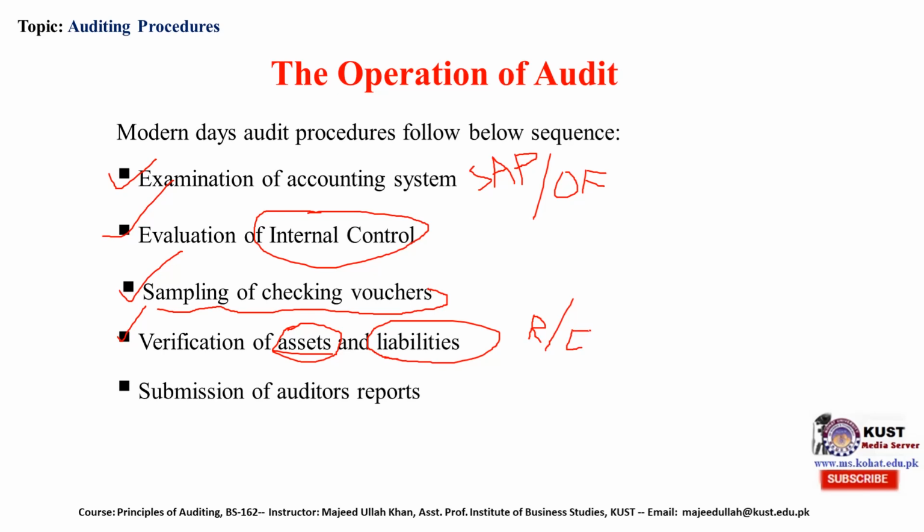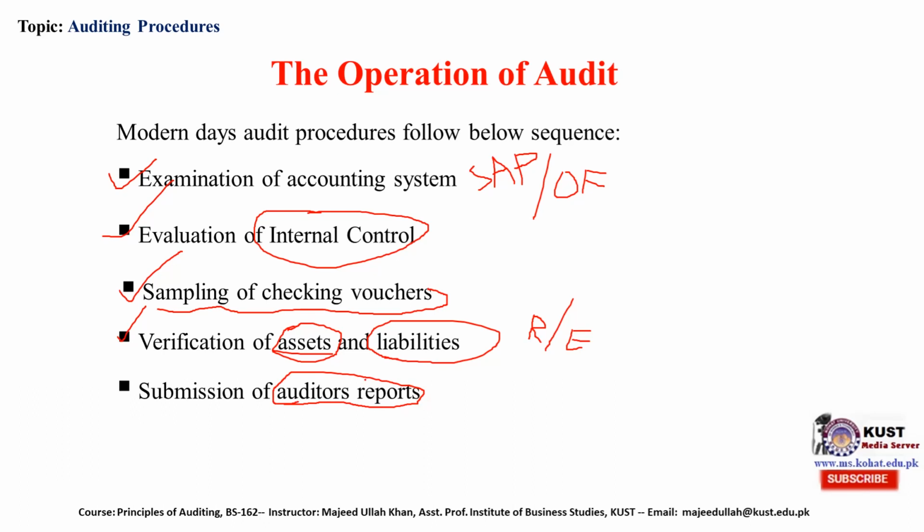These four things are checked and verified by the external auditor. After completing these steps, the external auditor submits a report to the shareholders.